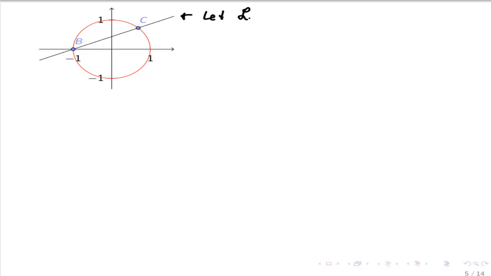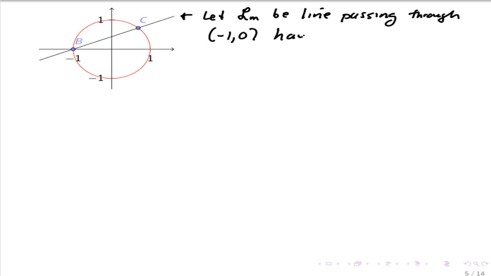So let L_m be the line passing through the given point (-1, 0) and having a rational slope m. So m I'm going to take to be a rational number.